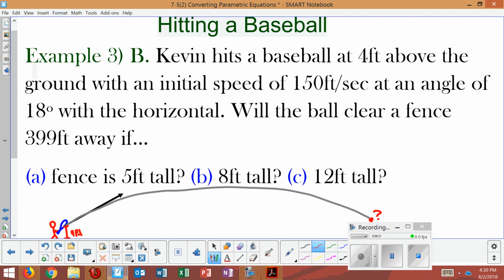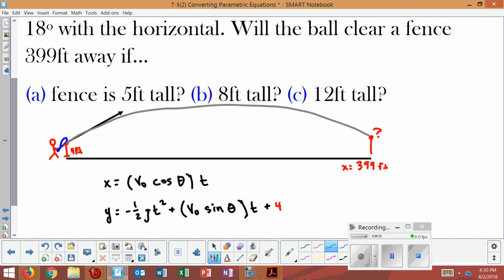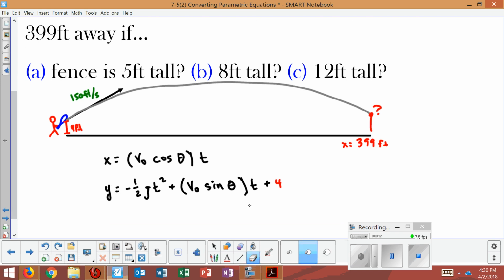Now we come back to the problem. The second thing it says is the initial speed of 150 feet per second. So the ball comes off at 150 feet per second. That's the V naught, the initial velocity. So that's 150, and this is 150. It says it came off at 18 degrees. So this angle here from the horizontal is 18 degrees.